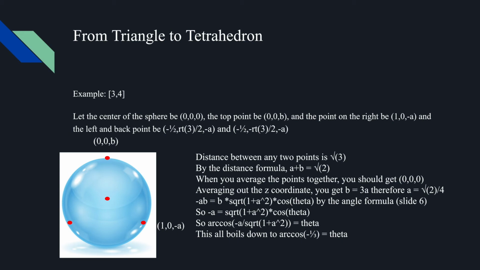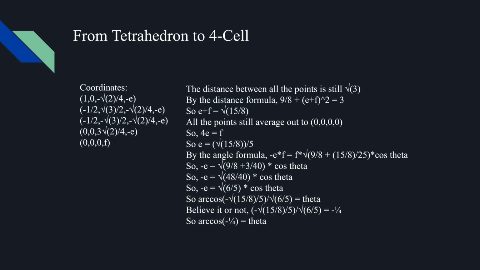And then from tetrahedron to four cell, which is like the fourth dimension variant of triangle and tetrahedron, we can do the same thing. And you may have noticed a pattern already. If you didn't, I'm going to tell you.